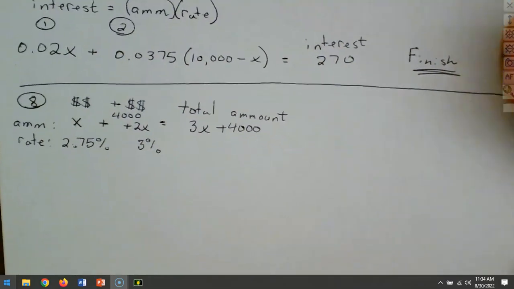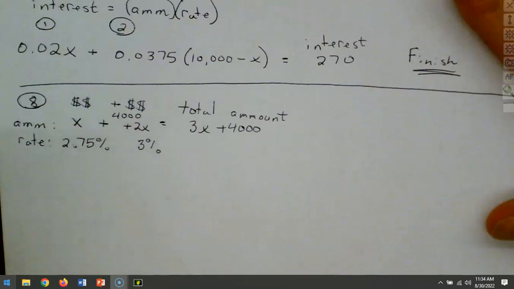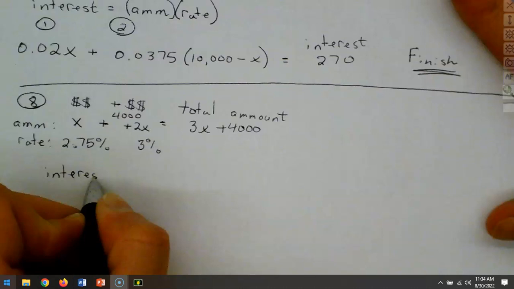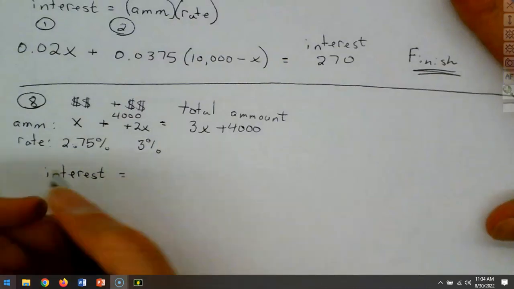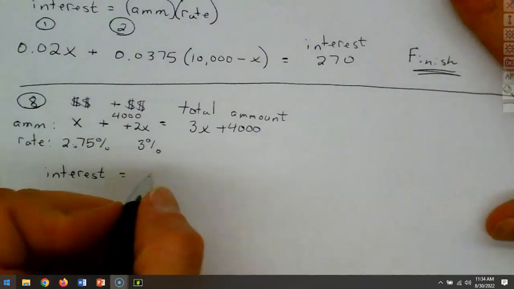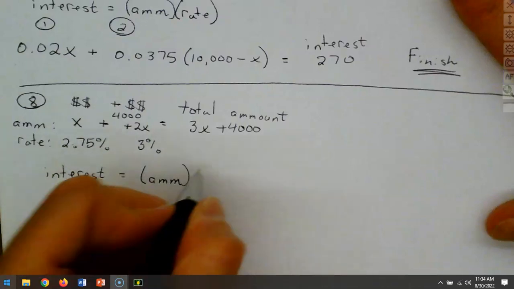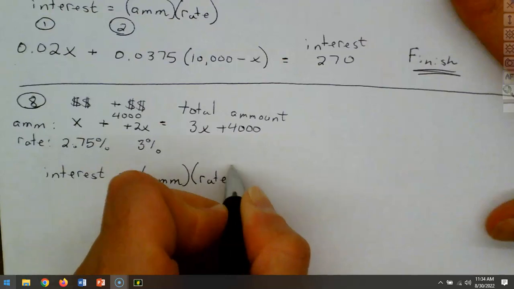What does our equation look like? When we build our equation, we're looking at our interest, and be very, very careful with those percentages. A lot of times students make a mistake with the percentages when they convert it to a decimal. Because we've got our interest, which is the amount times the rate.